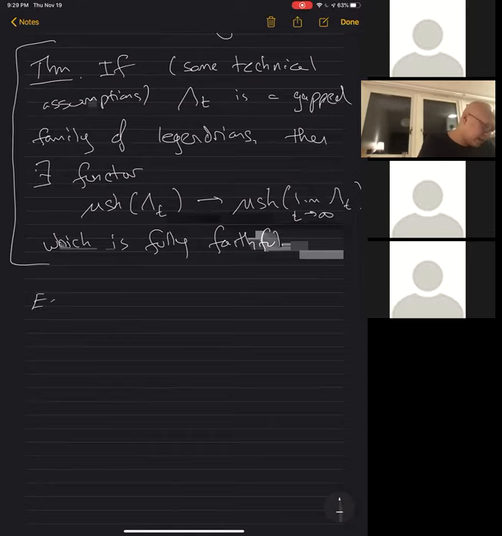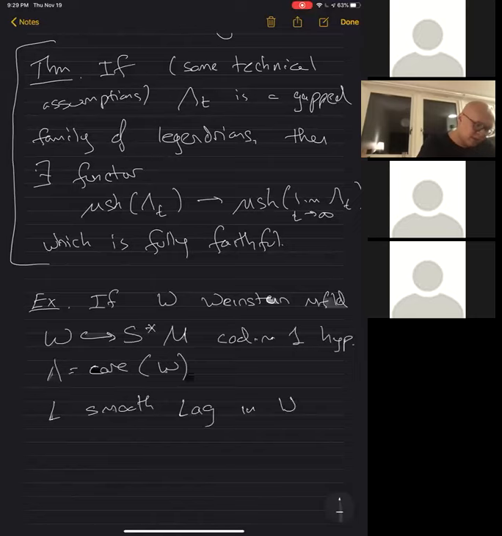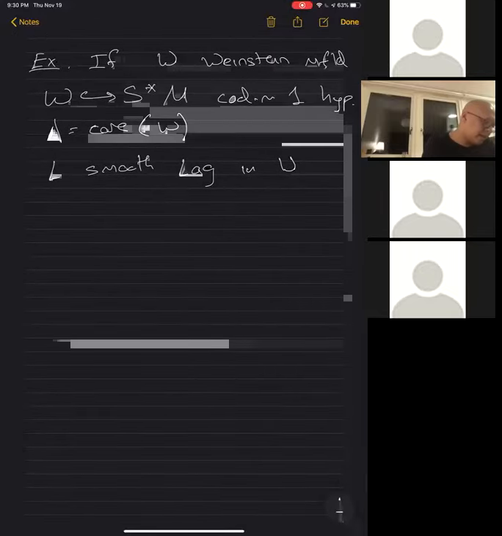An example of this theorem is that if W is a Weinstein manifold, and let's say it's embedded in this cosphere bundle as a codimension 1 hypersurface, and I have its core, and let's say I have L, a smooth Lagrangian in W. Then what I do is I take W times R. Well, this is a contact manifold.